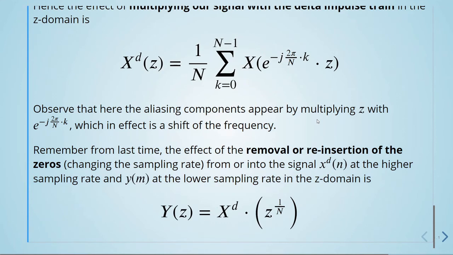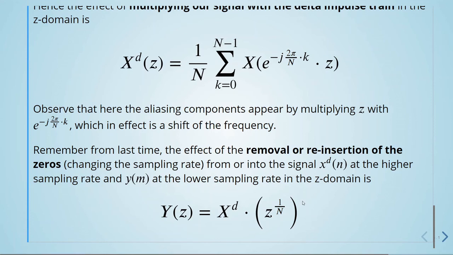If you remember from previous lectures, the effect of the removal or reinsertion of zeros, changing the sampling rate from or into the signal x of n at a higher sampling rate, and y of m at the lower sampling rate, in the z-domain is given by this equation here.